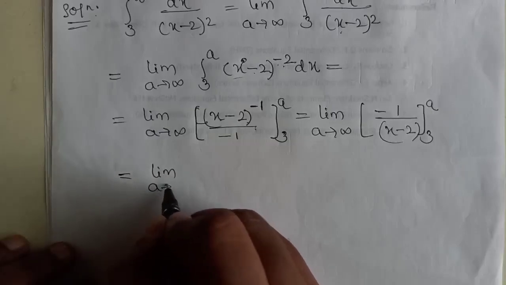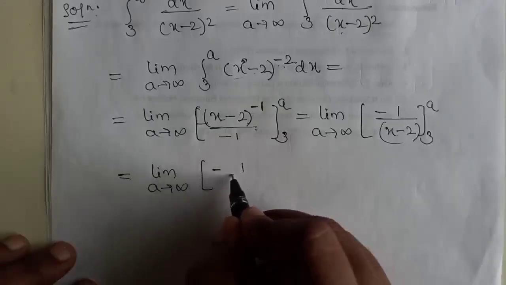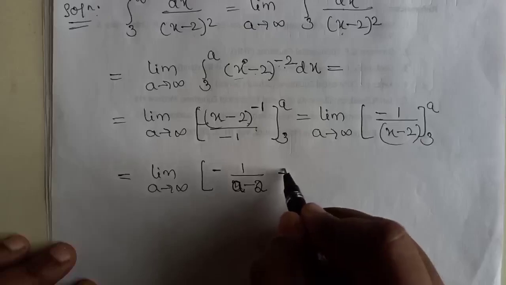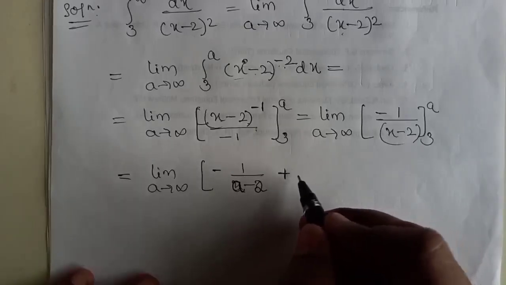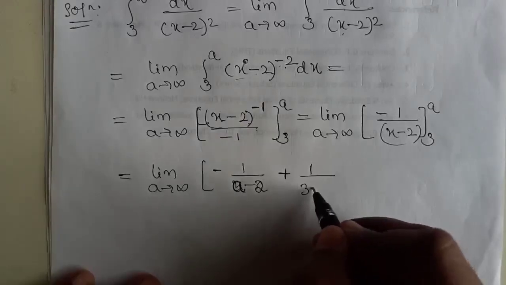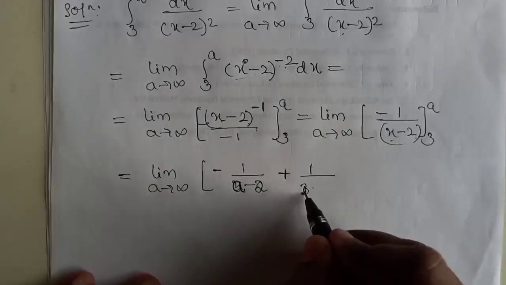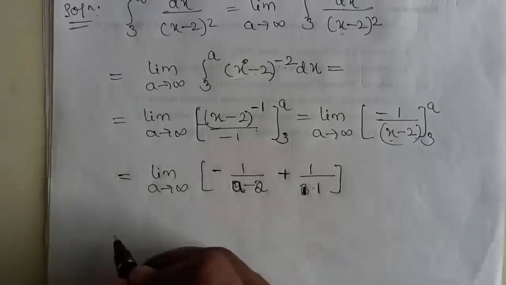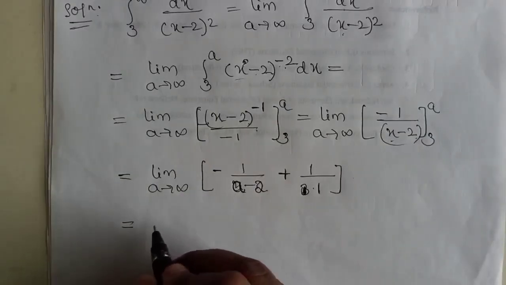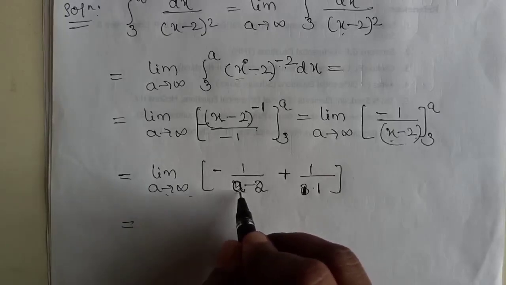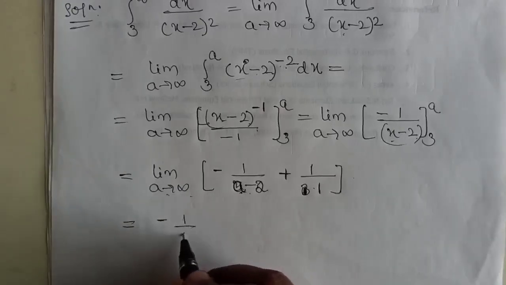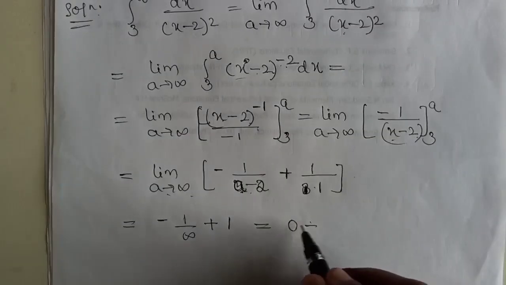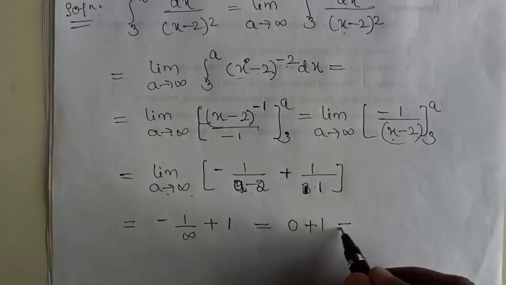Now evaluating the limits, we get limit a tends to infinity of minus 1 divided by (a minus 2), minus the lower limit, so minus into minus gives plus 1 divided by (3 minus 2), which is 1 by 1, equals 1. Evaluating the limit, a tends to infinity means it is infinity, so minus 1 divided by infinity is 0, and we get 0 plus 1, which is 1.